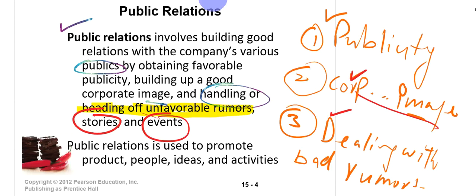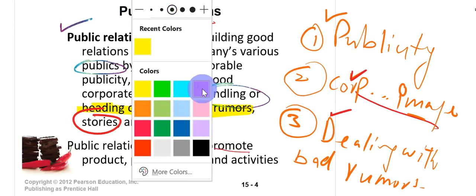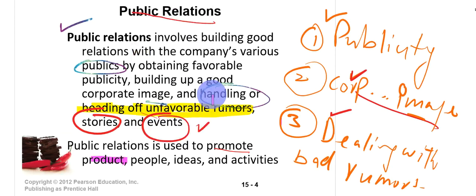So organizations indulge in public relations in order to correct or change their impression which audience or the public has already developed about the organization. So public relation is used to promote products.